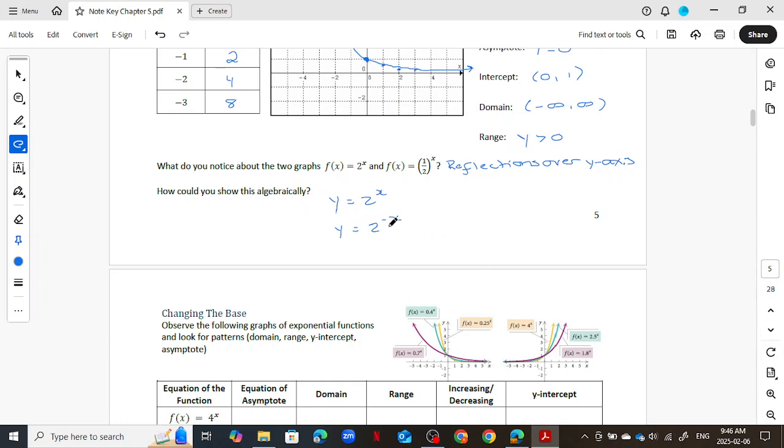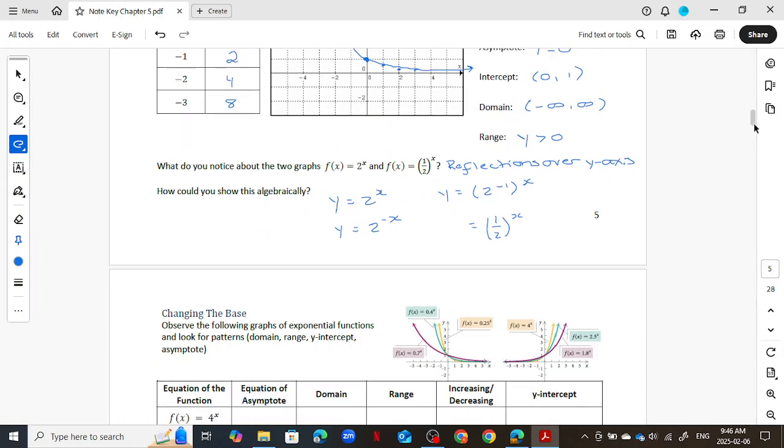So this is 2 to the -1x. Another way of writing that would be 2 to the -x, right? -1 times x is -x. 2 to the -1 is the same as 1/2, so this is (1/2)^x. So the graph of y equals (1/2)^x is a reflection of the x values over the y-axis of a graph of y equals 2 to the x. So they share all the same properties of asymptotes, intercepts, domain, and range, but one is an increasing graph and one is a decreasing graph.